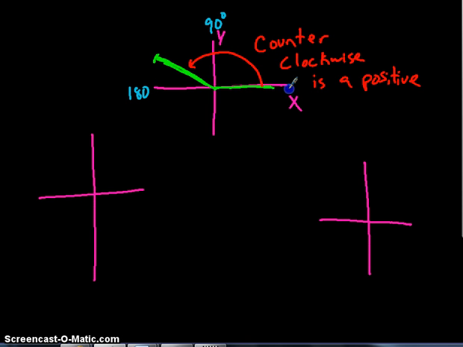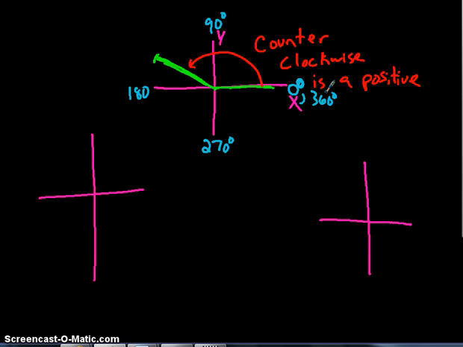Starting here would be 0 degrees. You go from 0 degrees up to 90 degrees, over to 180 degrees, add 90 again and this would be 270 degrees. Add 90 again, and you wind up at 360 degrees.